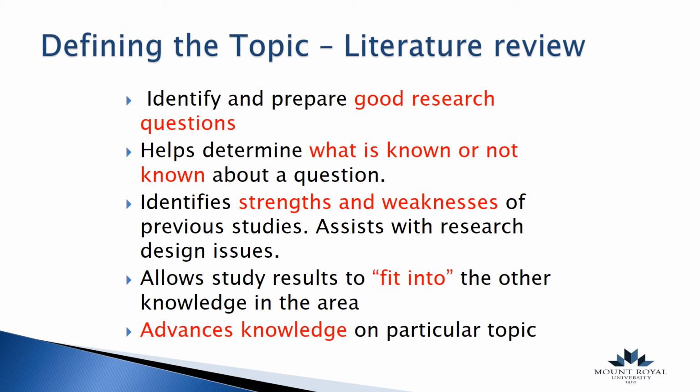So maybe that's something that you plan for your research project. So it does assist with research design issues. And it also allows your study's results to fit into other knowledge that already exists in the area, thereby allowing you to advance knowledge on a particular topic.